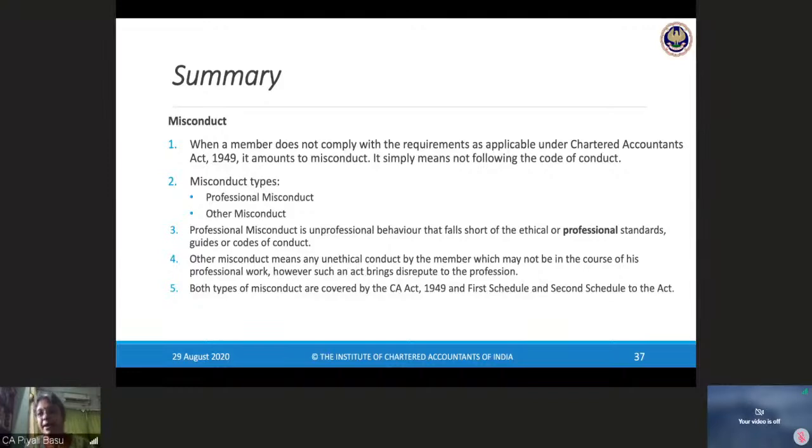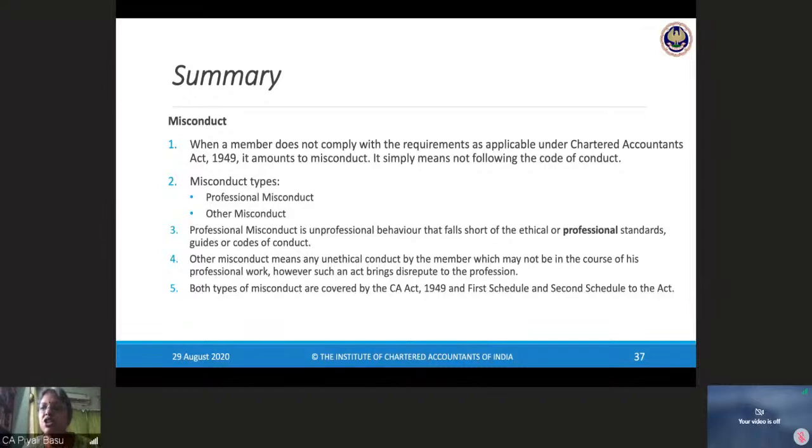That you have hit somebody is not a professional misconduct. That is an unethical behavior which will come as other misconduct. Other misconduct means unethical conduct by a member, by a human being who happens to be a member of the institute. Institute says that we are an institute which has a lot of reputation.